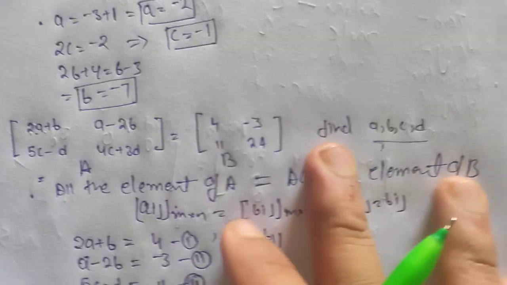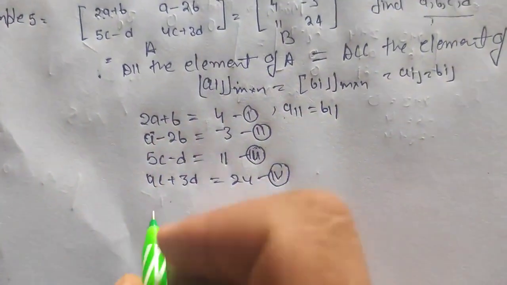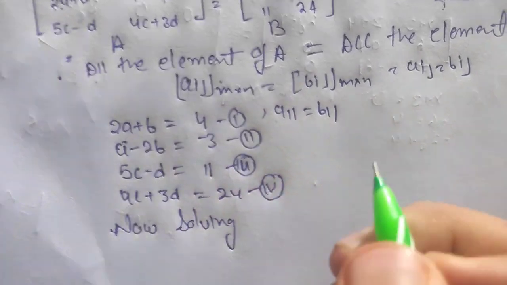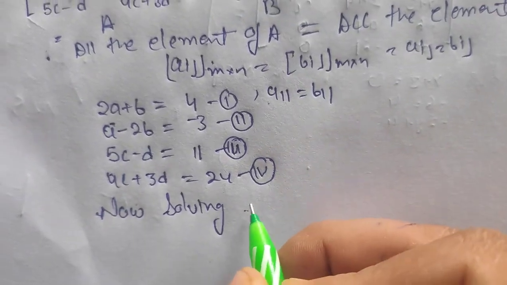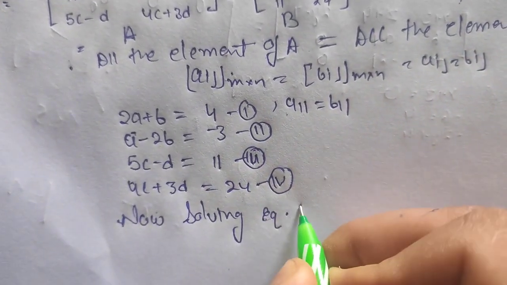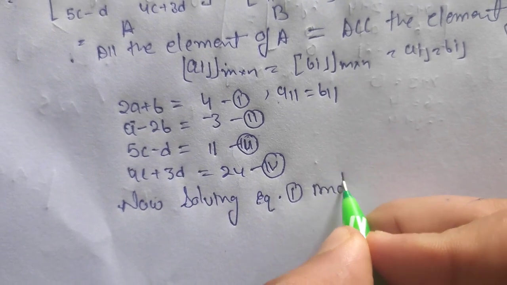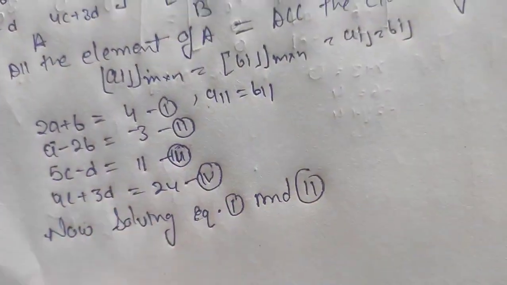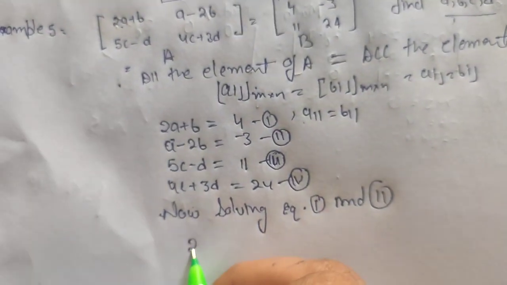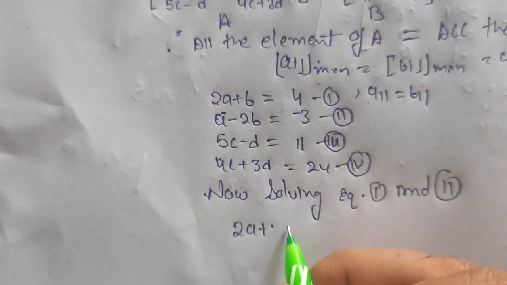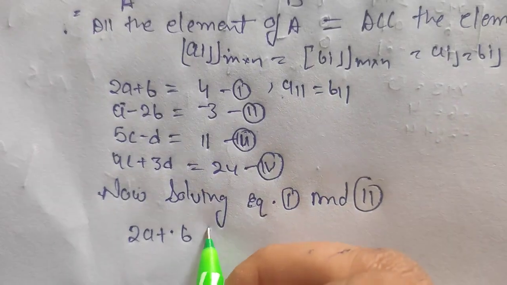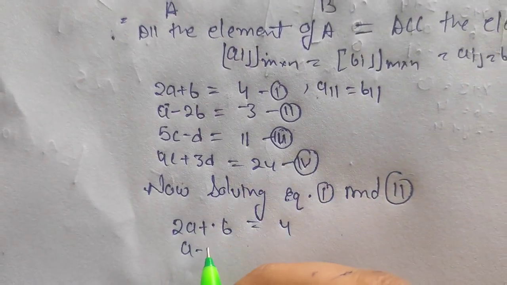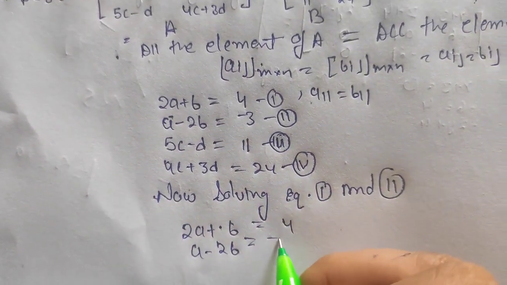First, to solve equations 1 and 2: 2a plus b equal to 4, and a minus 2b becomes minus 3.